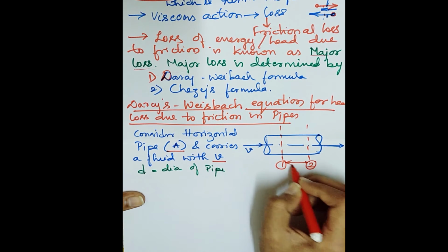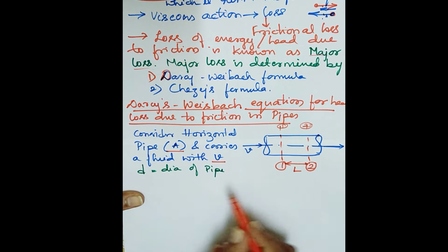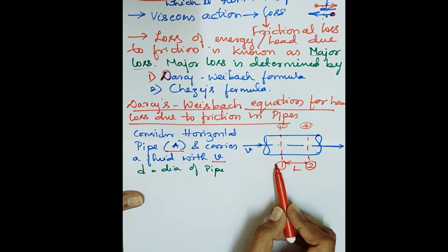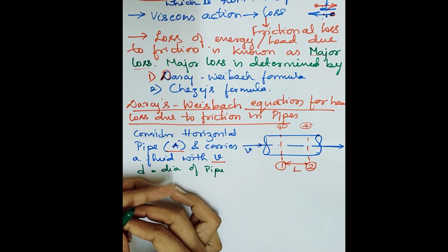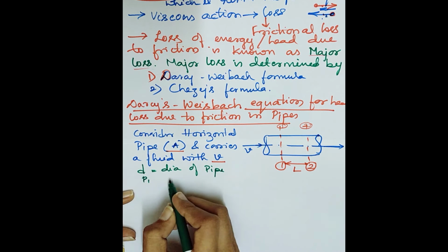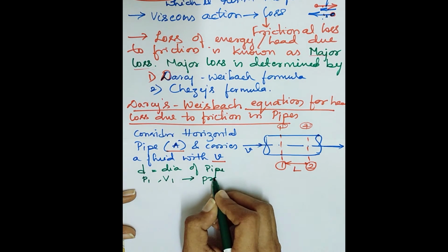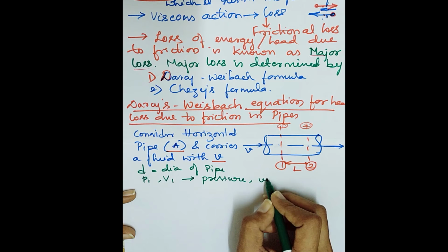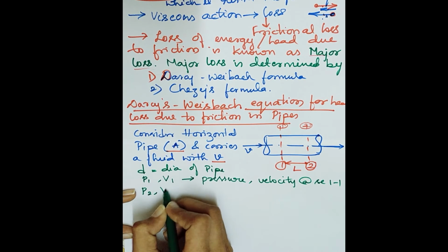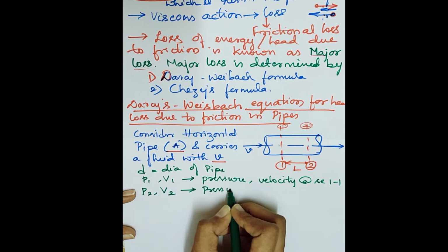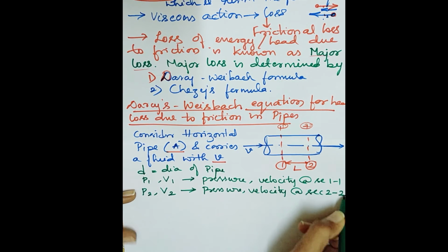The distance between these two sections is L. P1, V1 are the pressure and velocity at section 1, and similarly P2, V2 are the pressure and velocity at section 2.